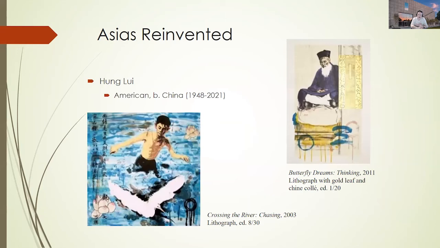And then Hung Liu, let me get to my correct write-ups on this one. There we go. So, Hung Liu also harkens back to the traditional painting styles of literary art in China, where the painting must be accompanied by an elegant calligraphy and literary composition.